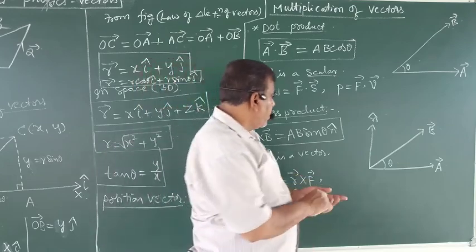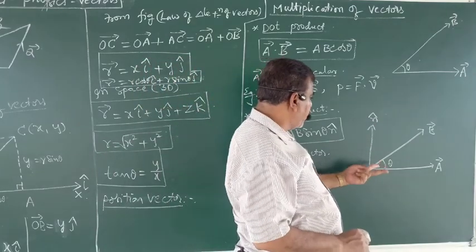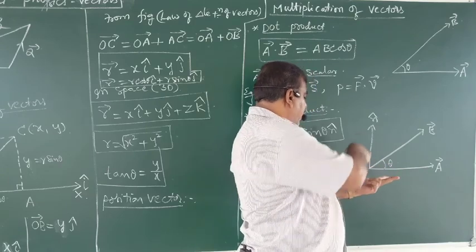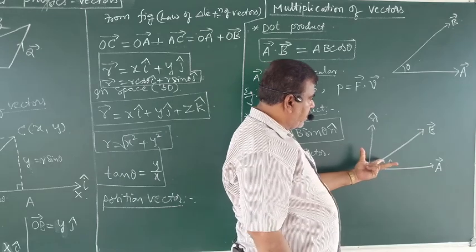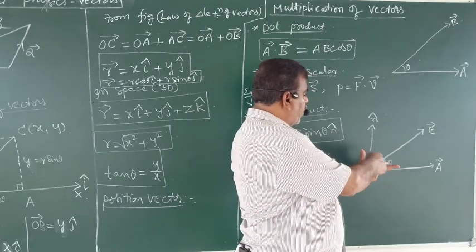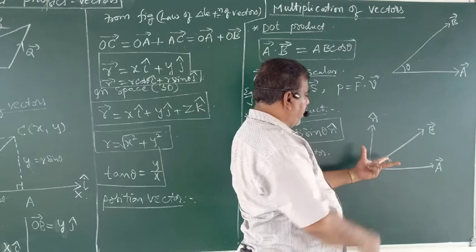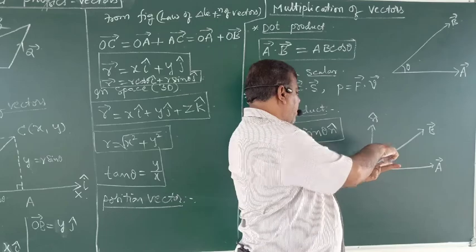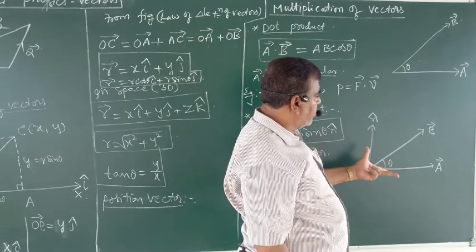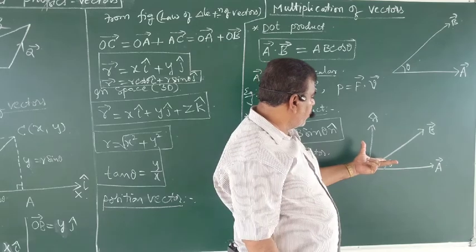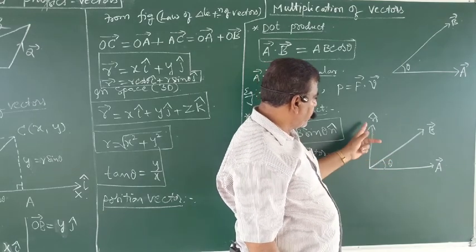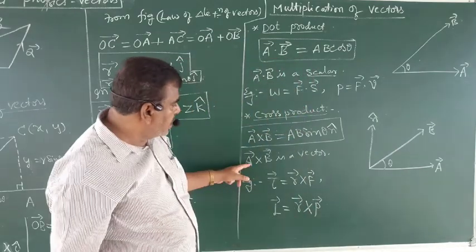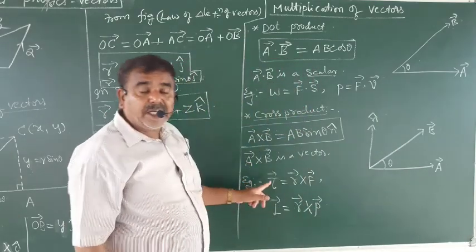Now, n cap is the unit vector. A and B are two vectors like this. N cap is the vector like this. So n cap is perpendicular to both A and B. A and B lie in one plane, n cap lies in another plane. So n cap is the vector perpendicular to both A and B. This concept is utilized to define torque.